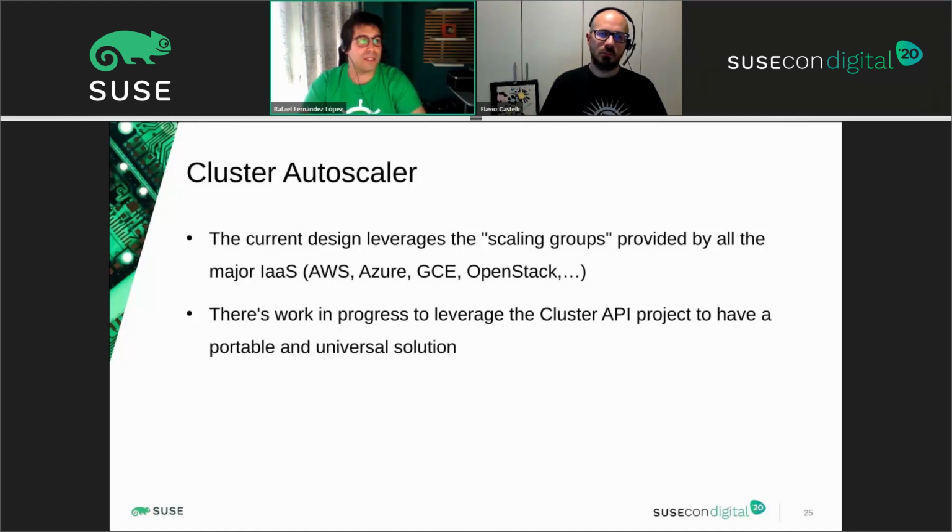And there is also an interesting approach on the cluster autoscaler because right now, as I said, it is very tied to major public cloud services or OpenStack. The other approach is to use Cluster API, which is a project that allows you to define your infrastructure in a declarative way and use Cluster API as yet another backend.